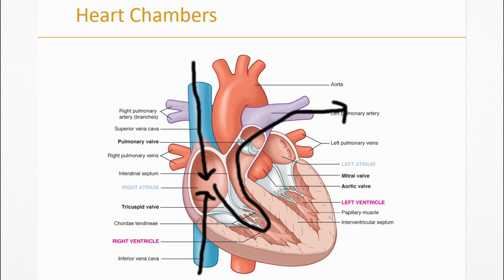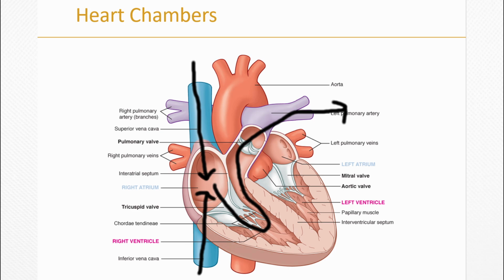So you have these different blood vessels. Some are veins, some are arteries. You can think of veins as blood vessels that will allow blood to come towards the heart, and arteries as blood vessels that send blood away from the heart.